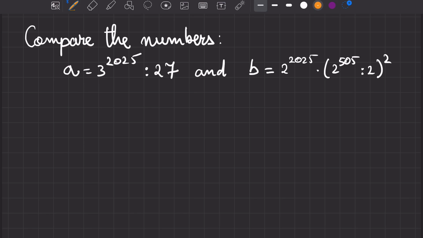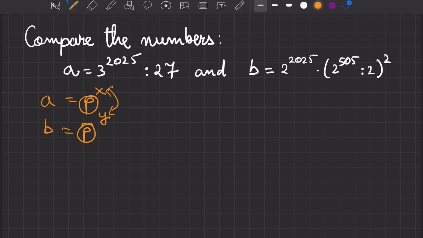In order to compare the numbers, we need to reduce the calculations for a and b to something like a equals p to the power of x and b equals p to the power of y, so that we would have equal bases, and then we can compare the exponents.